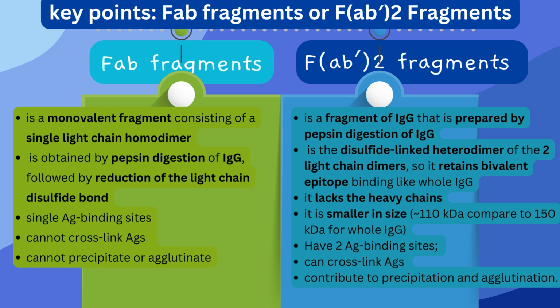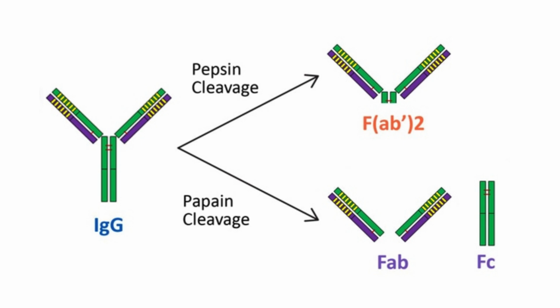Please erase this one. So next, IgG, the most abundant type of antibody in the immune system, can be enzymatically cleaved by papain and pepsin to produce different fragments. So here, to be clear, we have Fab and Fab2, as well as the FC region.